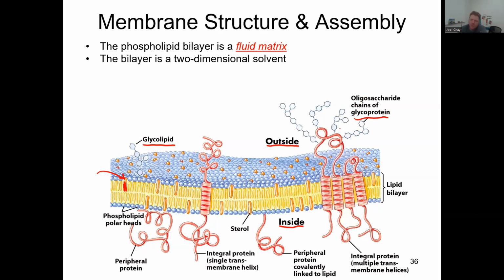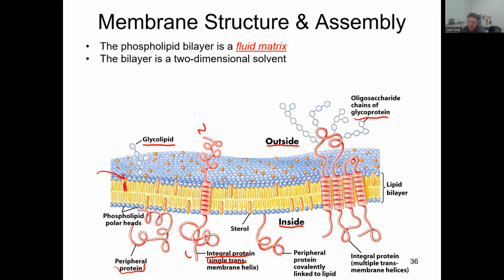Now, in the interior of the cell, there's quite a bit more. We've got our peripheral proteins, where one termini or one part of a protein is only on the inside. Then we've got an integral protein with a single transmembrane helix. With that single transmembrane helix, we're going to have the N termini and the C termini, as an example, on opposite sides of the membrane.